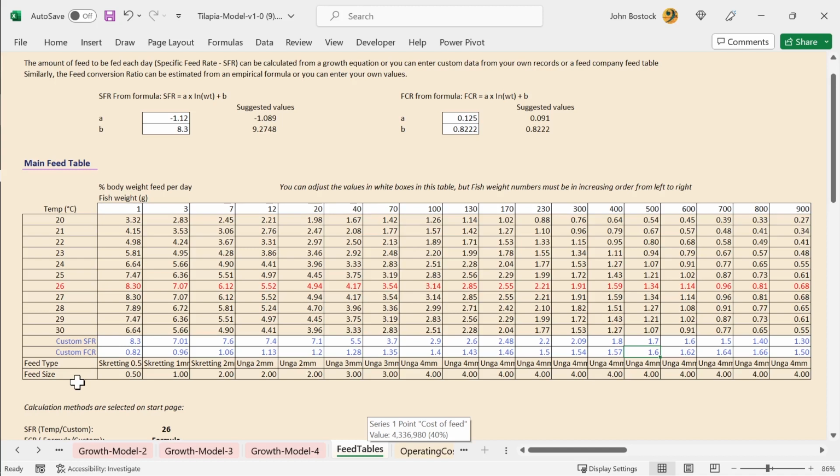Feed tables are usually set out as a matrix of water temperatures and fish weights. The cell where each of these values intersect gives the specific feed rate, i.e. the percentage of biomass that should be fed per day. It is important that the temperatures and fish weights are set out in ascending order.